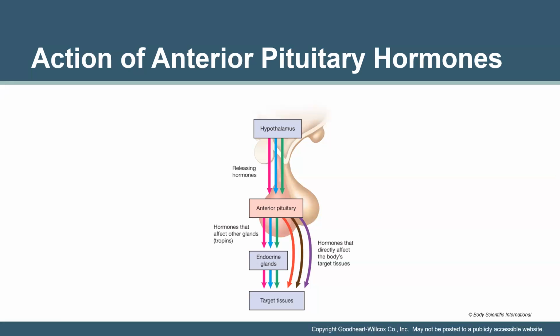So FSH and LH are further categorized as gonadotropic hormones because they are specific to the gonads, and gonads are, yes, testes in males, but also ovaries in females.